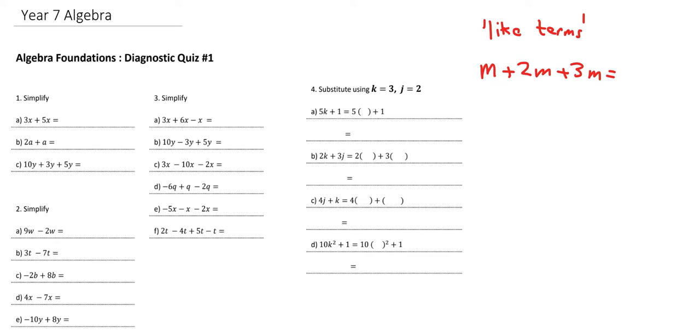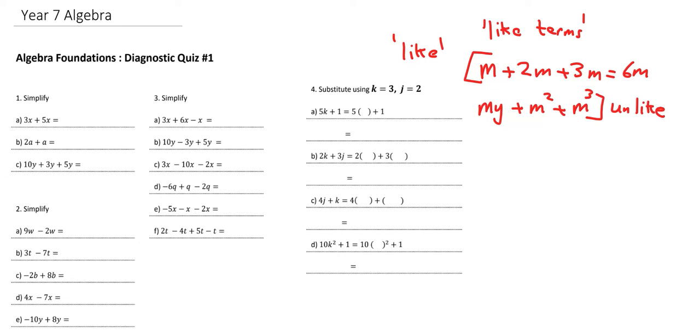So there we get 6m. m plus m squared plus m cubed are not like terms because our variable is different: m here, m squared there, and m cubed. So these are like, and these are unlike.